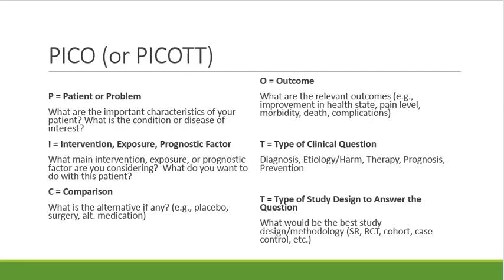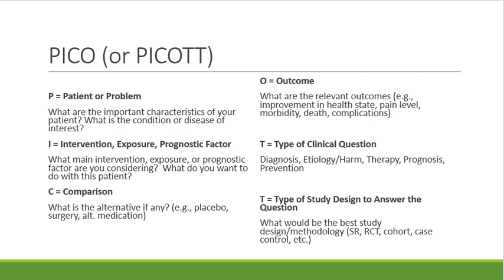Part of this process is to see if this intervention is any better than what's done already. That's where C comes into play, the comparison. So the comparison is the alternative treatment. It may be placebo. It may be standard practice at this time.